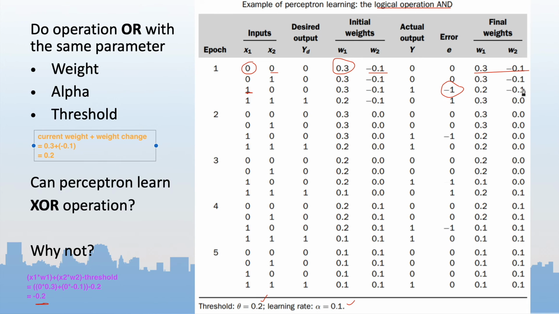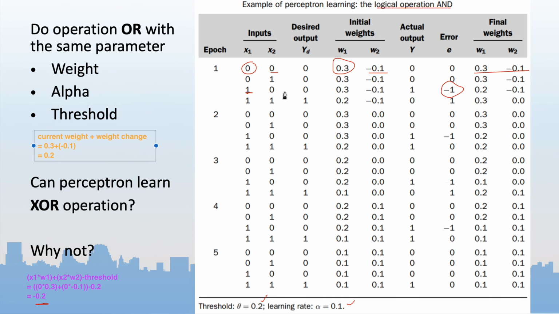Then it also applies for weight 2. But if you look at final weight 2, you see that the value is the same as the previous one. Why? It is because the input is 0.